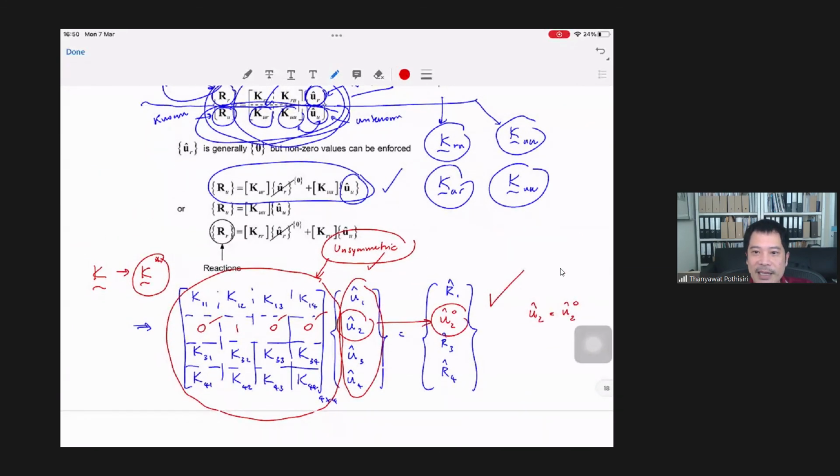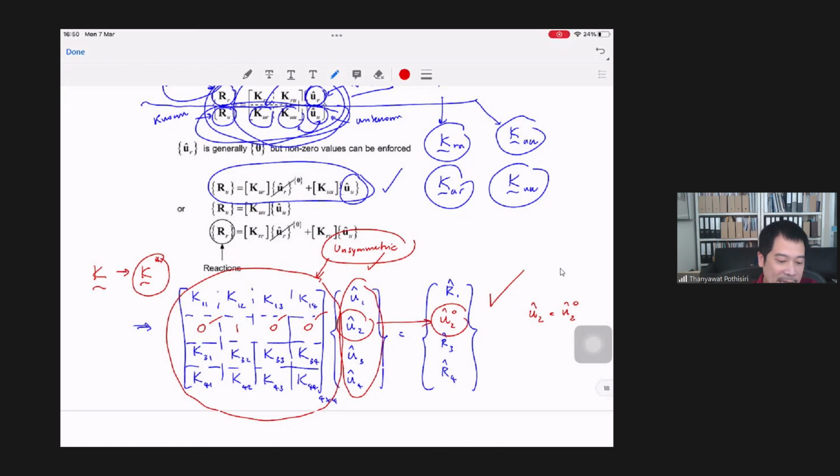There are efficient algorithms that you can use to solve a system of equation when the stiffness matrix is symmetric. So if you keep this symmetric, then you can use a certain algorithm to solve for your unknown displacement. But if you choose to do it the other way, there are certain limitations to it.